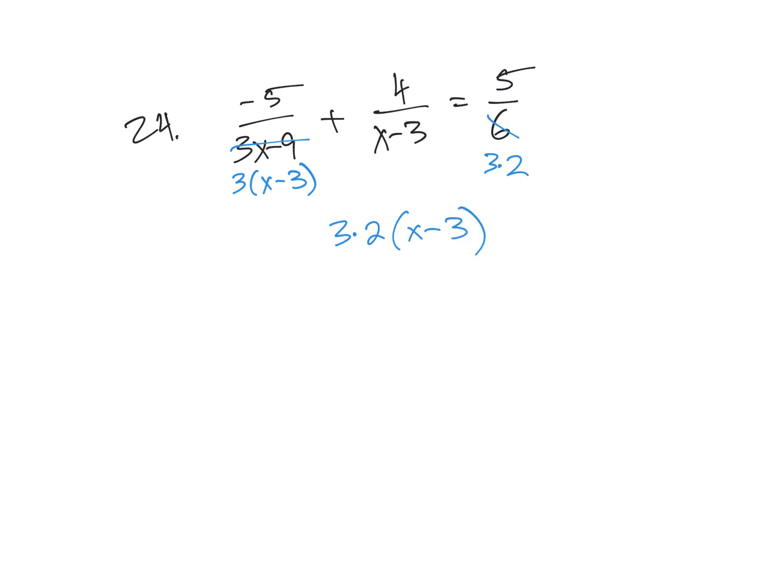Those are all the factors used. So we can say 6 and x minus 3. That's fine. Okay, so let's multiply everything by 6 and x minus 3, and 6 and x minus 3, and 6 and x minus 3.